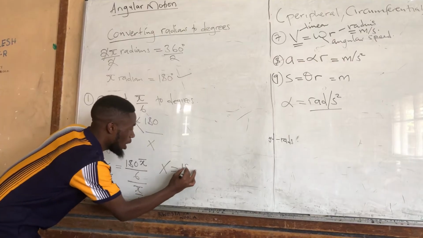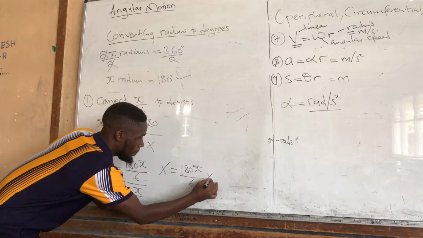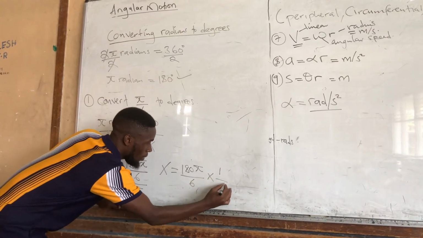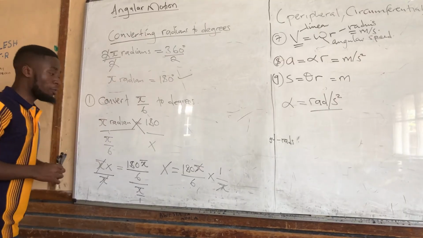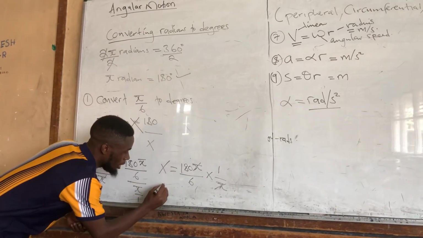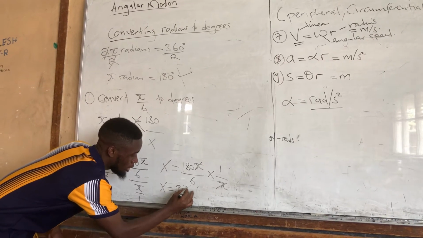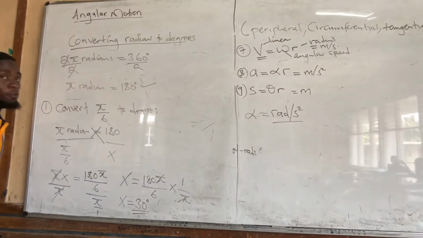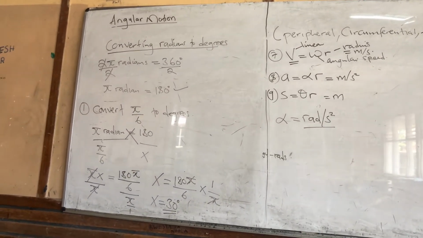So it will be 180 pi over 6 multiplied by 1 over pi. This pi and this pi cancel, then 180 divided by 6, so x is equal to 30 degrees. We have converted from radians to degrees.